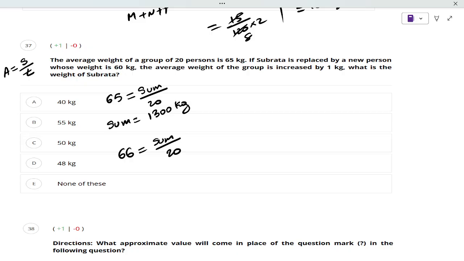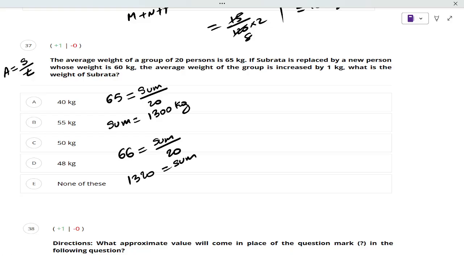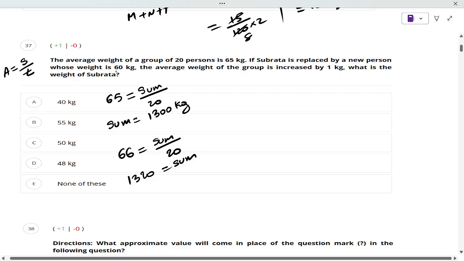Even if Subrata was not there, but a new person was replaced, right? So here this will give us 1320 is equal to sum. Now the other hint is the new person's weight is 60 kg.